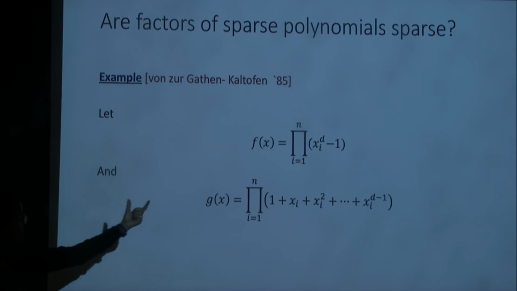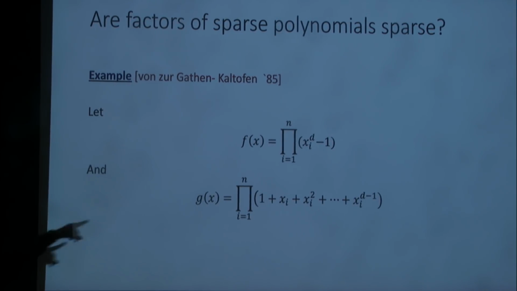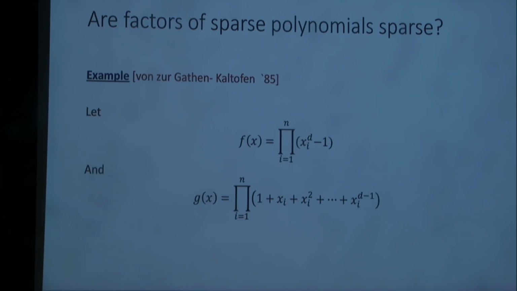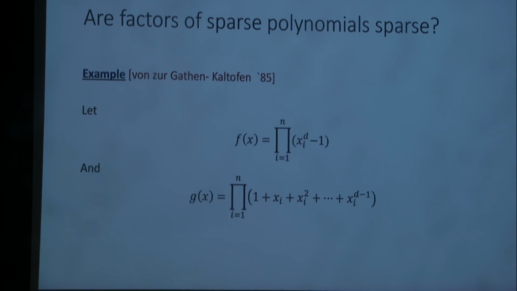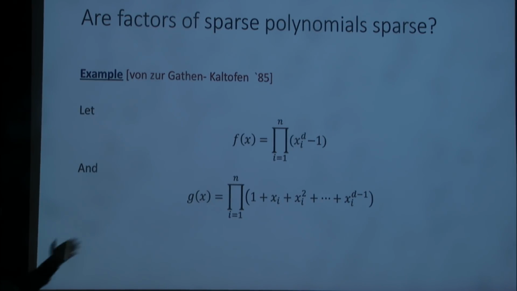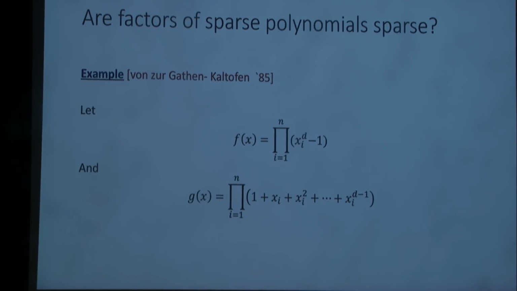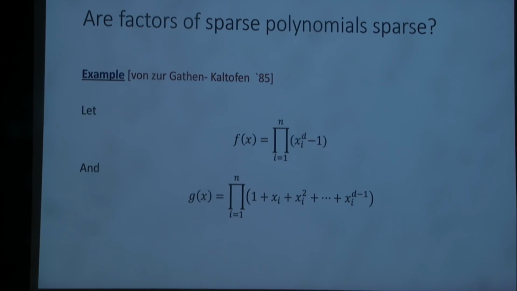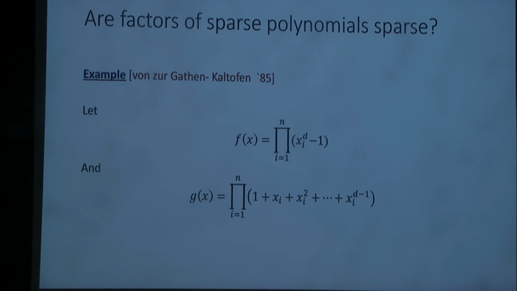Because each term out there factorizes as xi minus 1 times this, and so g is a factor of f. It's most impressive when n equals 1. Good. So when n equals 1, f has just 2 monomials, and g has d monomials.